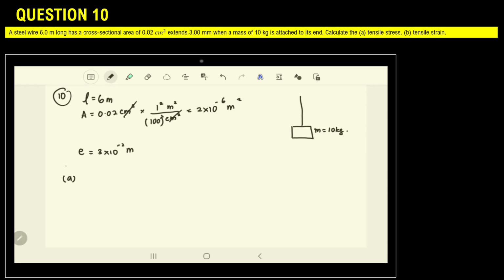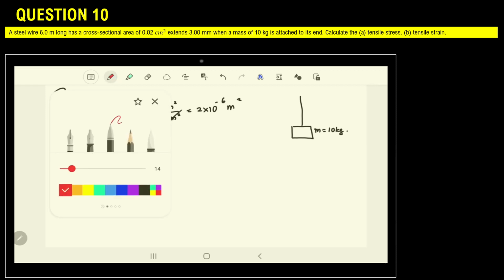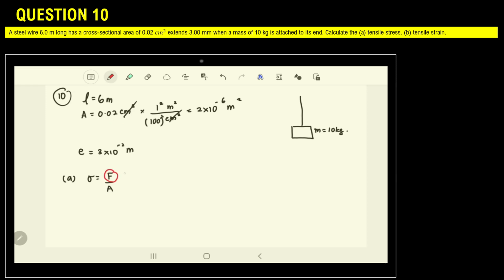So the tensile stress is equal to F over A. When we attach a mass of 10 kg to the wire, it means that the force here is the weight of the mass. This is the wire, then we put a force here downward, which is the weight of the mass.